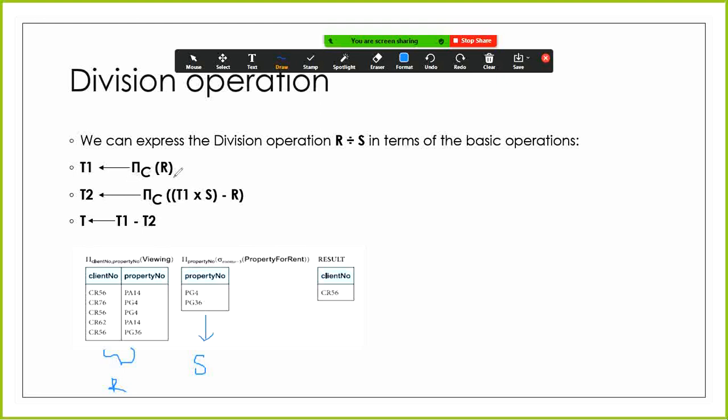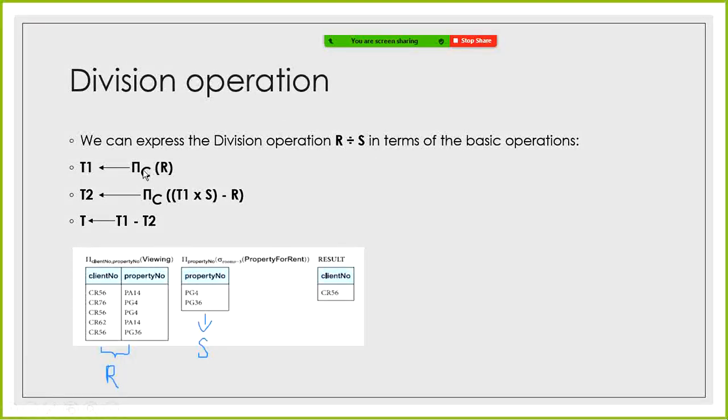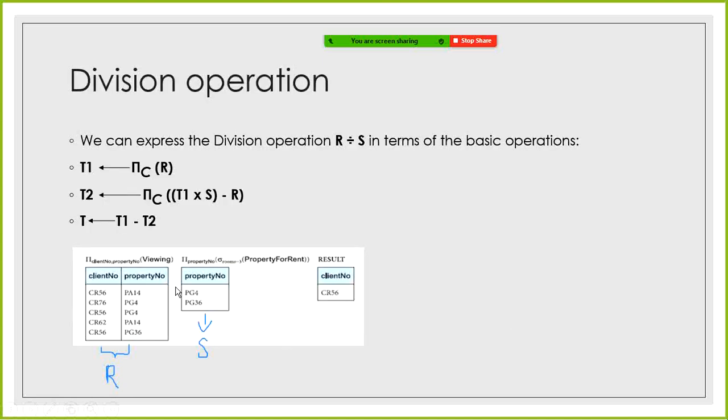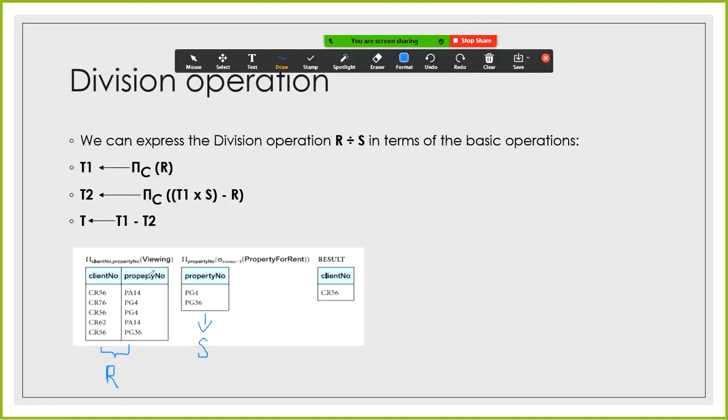Now if we apply this operation on these 2 tables, first we have to find the C attribute set from R. We have to project C over R. We have this table R and we have to select that column which is present in R and not in S, because this is the definition of C attribute set, the set of attributes of R that are not attributes of S. So if you see here, in table R we have client number and property number, while in table S we have property number.